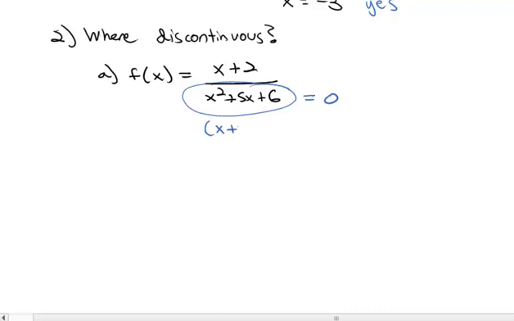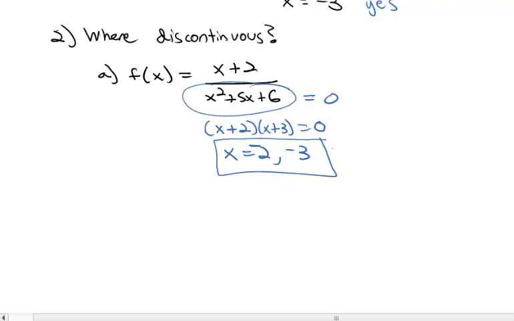So if we factor that to x plus 2 times x plus 3 equal to 0, we find out that x is equal to negative 2 and negative 3. At negative 2 and negative 3, because the function is undefined, the entire function is discontinuous as well at that point.